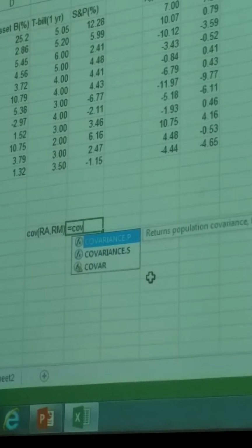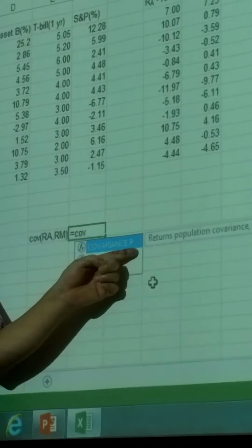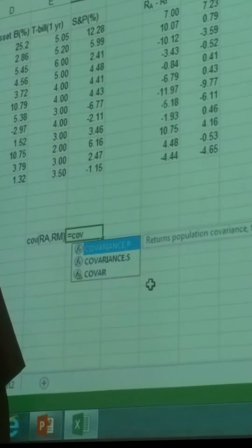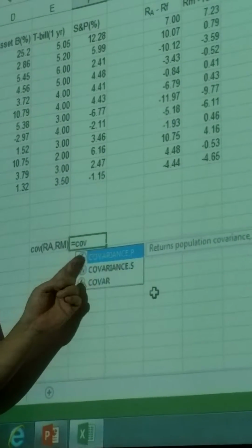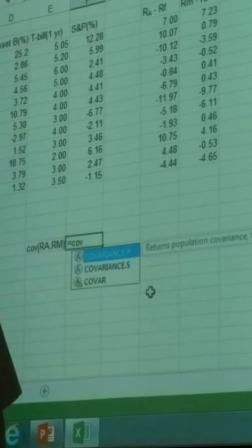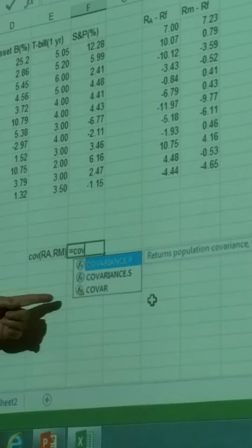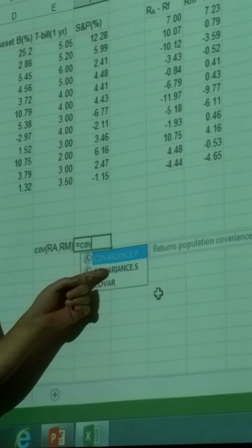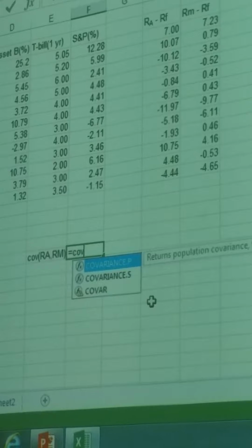Covariance.s means that it is a sample. So since we are using a sample, we must use covariance.s. Actually, this uses n-1 for division. This is n. All right? So that's the only difference. So the covariance.s is the same as this one, but just to make sure that that is the case.